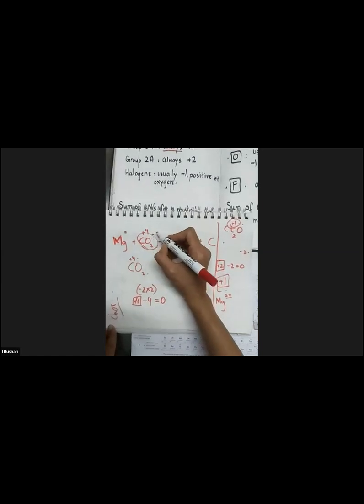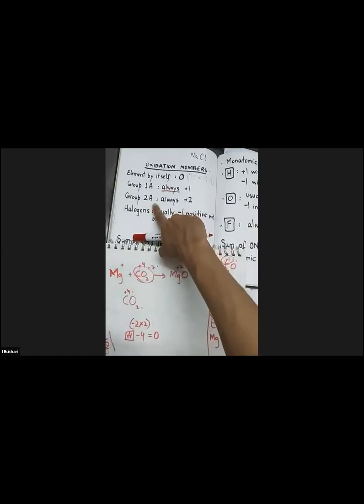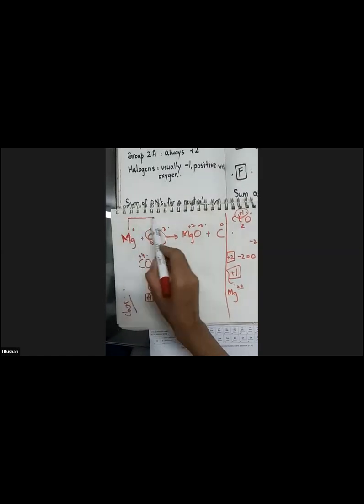So the carbon oxidation state is +4 here. Oxygen is -2. This is +2. Magnesium is in group 2A, always +2 without any exception. Oxygen -2. Carbon element by itself 0. So what is getting oxidized here? Magnesium is getting oxidized, 0 to +2.